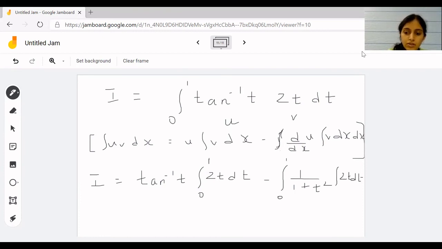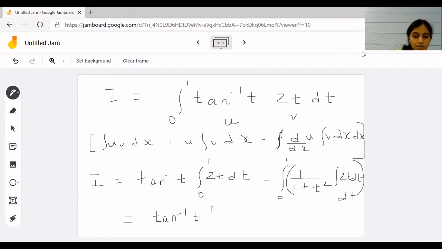And this whole thing is multiplied by dt, because there is one more integration outside it. Now integration of 2t dt will be 2t square upon 2. 2 will cancel out, so we'll have tan inverse t times t square, with limits 0 to 1.